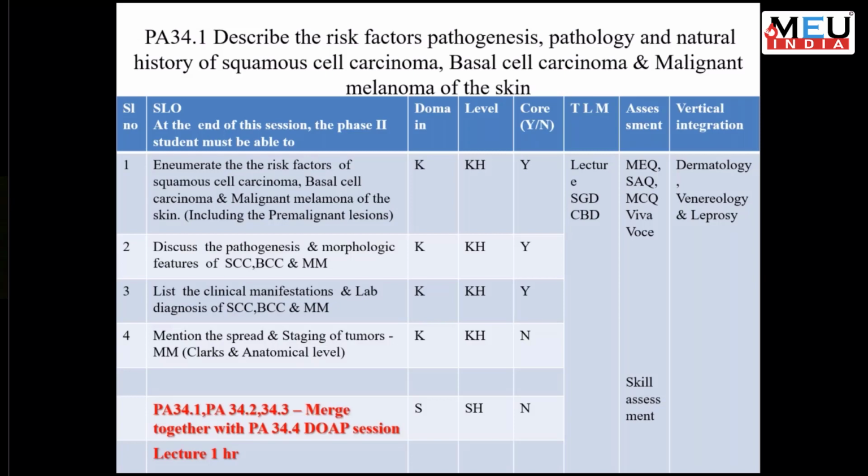No problem in that. Madam, all these years here we have been giving only one lecture for this particular skin topic. In one lecture we used to cover all this, or we can do it in such a way, as you said, pathogenesis and risk factors can be taken in the lecture.